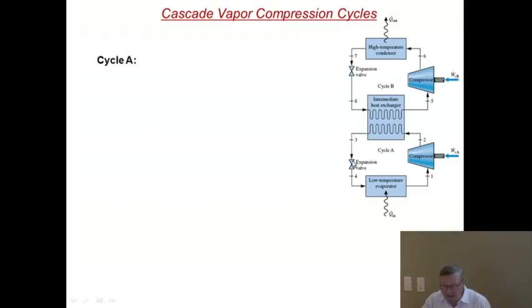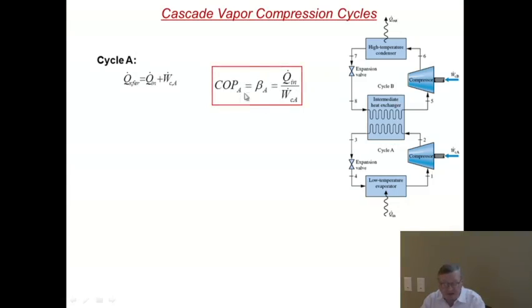If we look at cycle A first, only the low temperature cycle, you have the equation Q in plus the work that you put in the compressor on the low temperature cycle is going to be Q out, which is the heat that's transferred between cycle A and cycle B. So it has a certain COP sub A, which is Q in over the work that is taken into compressor A. Now cycle B has as Q in this heat exchange, the transfer.